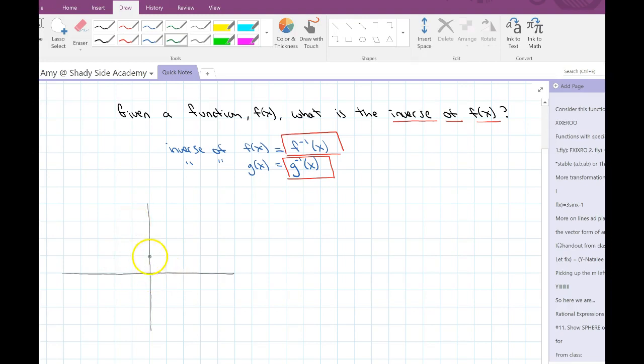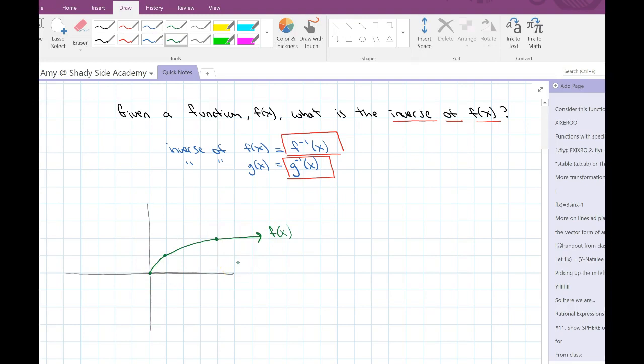I know what I'll do. Let's graph the parent square root function. Okay, so right here, this is the parent square root function. This is f of x. I'm not going to actually write the square root of x here. I'm just going to call this f of x.